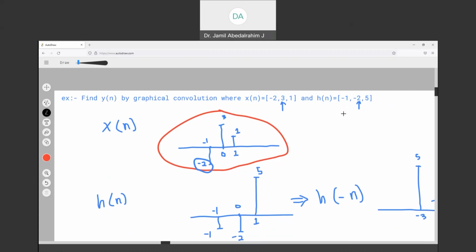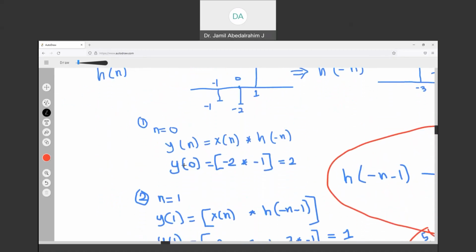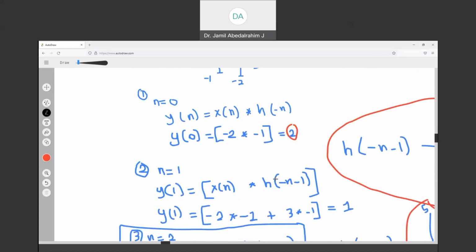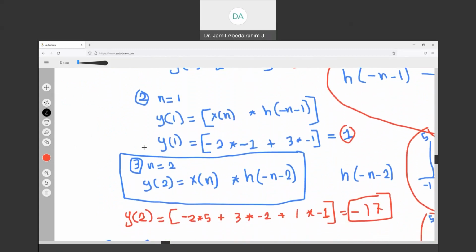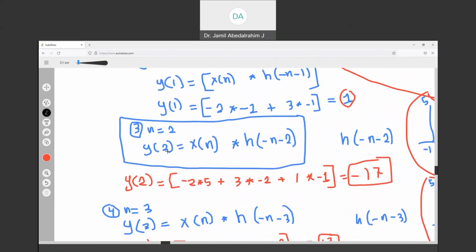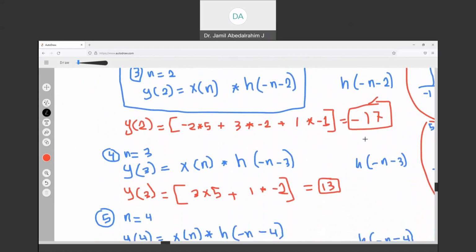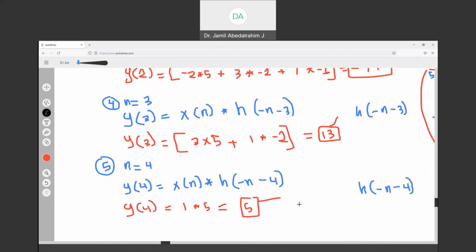This means we need to find 5 values of y, as you see here. This is the first value of y. This is the second, when y of 1. This is the third. Number 3, number 4, and number 5.